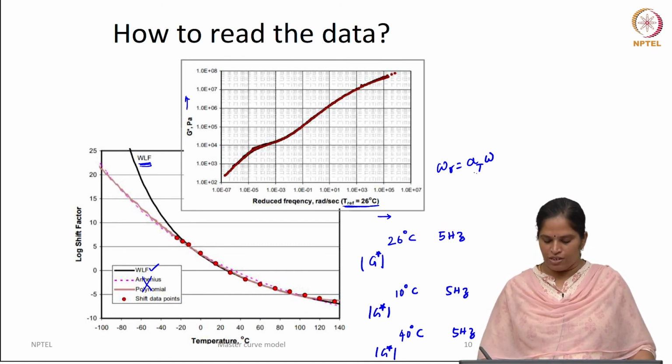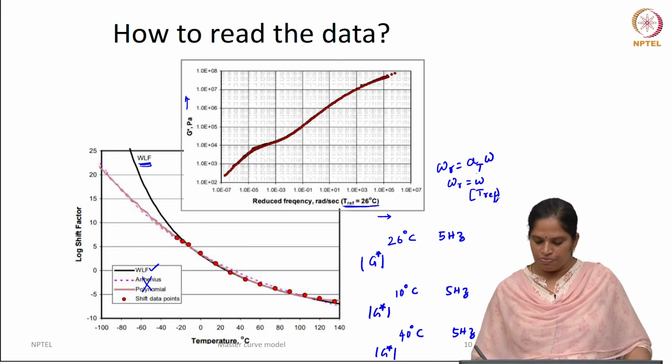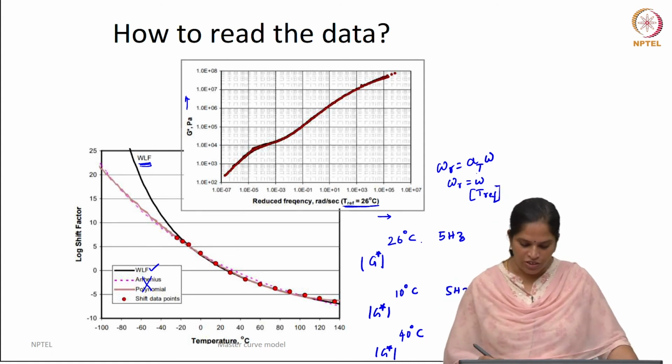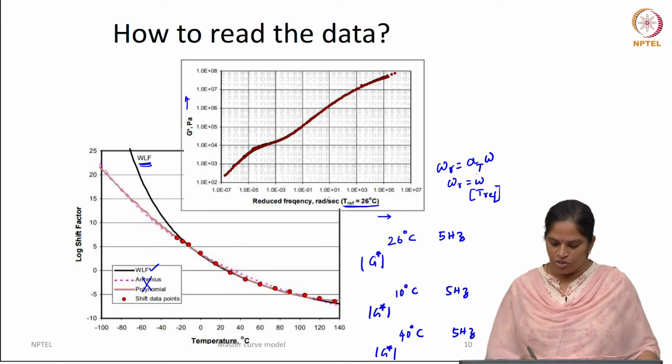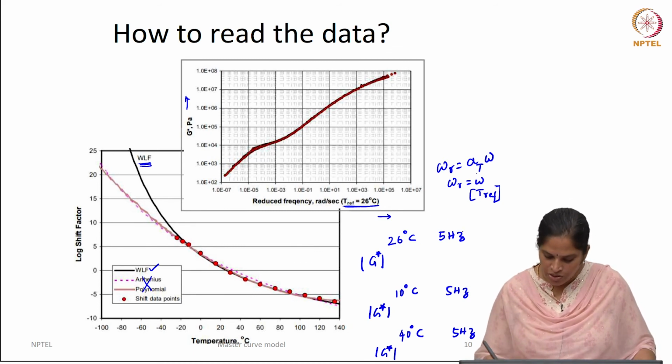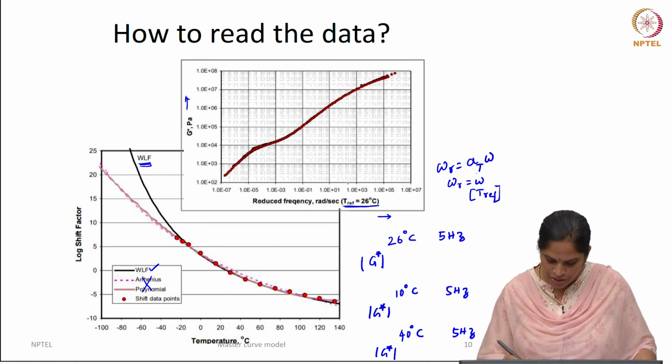So at the reference temperature, the AT value will be 1, and omega r will be equal to omega when T is the reference temperature. So at 26 degrees Celsius, you can directly take the reduced frequency to be the frequency.